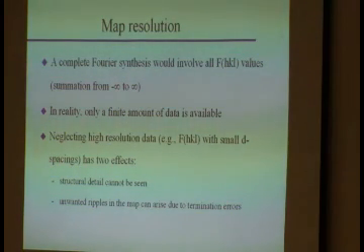And given that we only have a finite amount of data, we are basically neglecting some of the high resolution data, and that will obscure some structural detail. It will also introduce some unwanted ripples. So while I just said you don't want any negative features in your electron density map, you will always have some very small negative features. Okay, that's unavoidable.